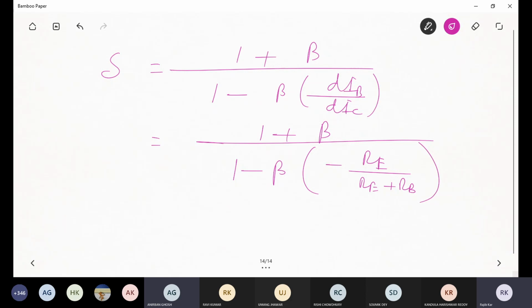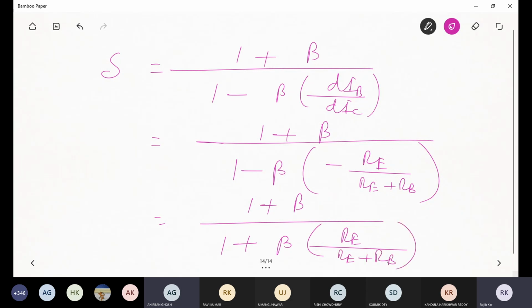If you simplify, minus minus becomes plus, so it is 1 plus beta divided by 1 plus beta into RE divided by RE plus RB. This will be the stability factor for the circuit called emitter bias.